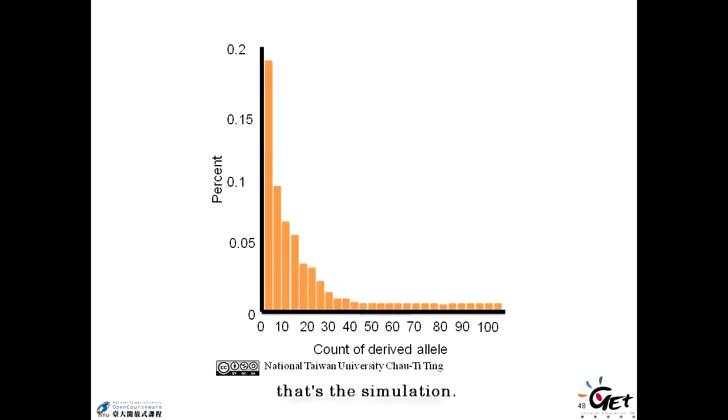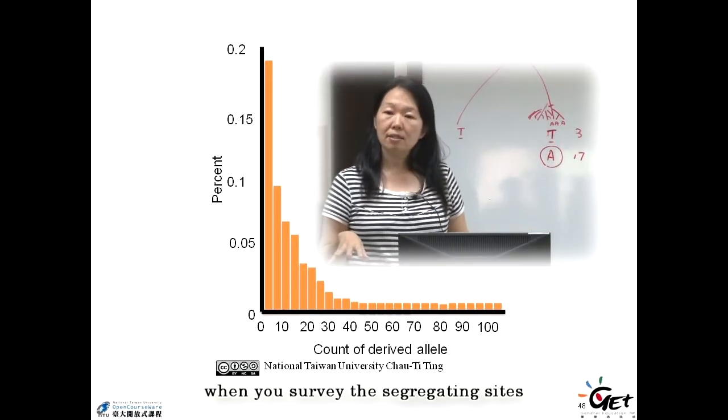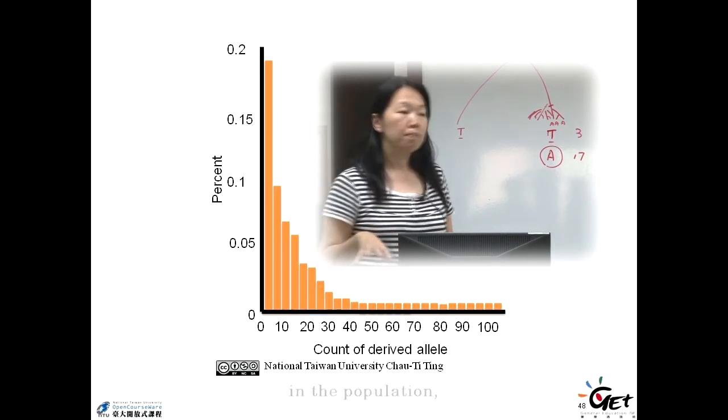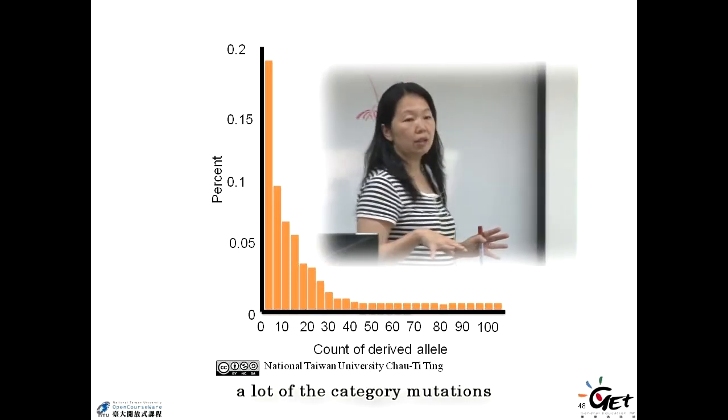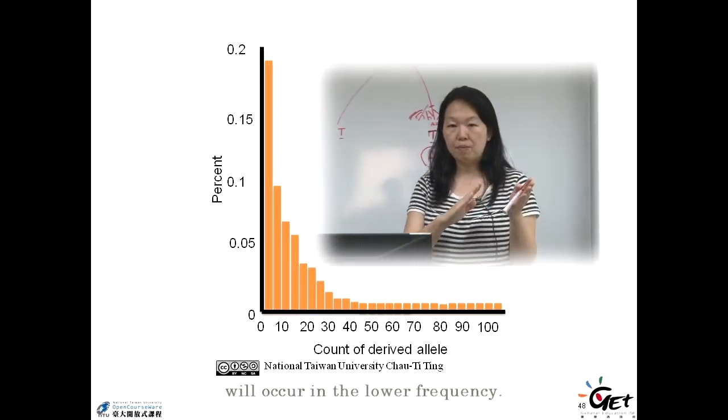So that's a simulation. This is equivalent to the gray bar in the review paper. That's a neutral mutation. So under the neutral hypothesis, when you survey the segregating sites in the population, a lot of mutations will occur at lower frequency.